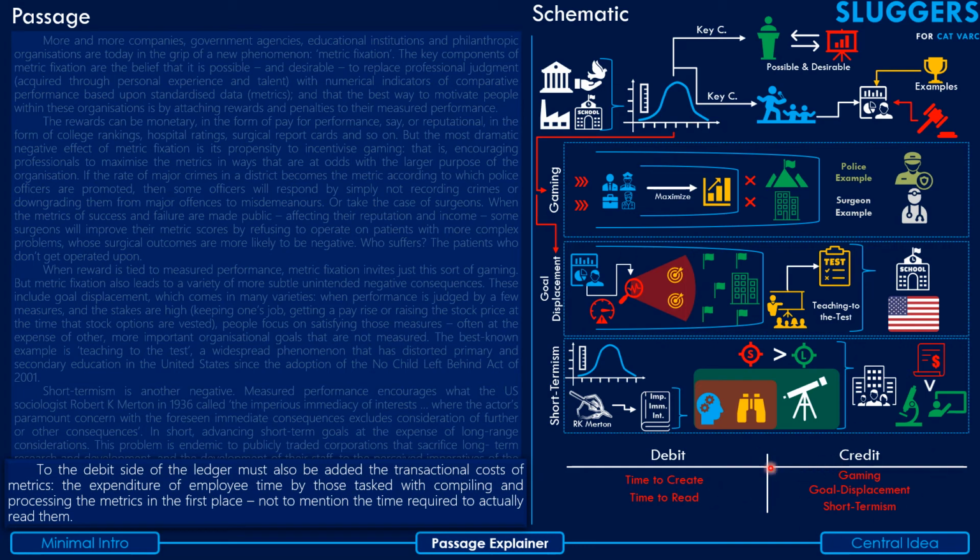And then in addition to all of this, he says that to the debit side of the ledger must also be added the time that is required to create these metrics. He says that the expenditure of employee time by those tasked with compiling and processing the metrics in the first place, and not to mention the time required to actually read them. Okay, so I hope the last paragraph is now clear to everyone. So yeah, that's about the passage explanation part.